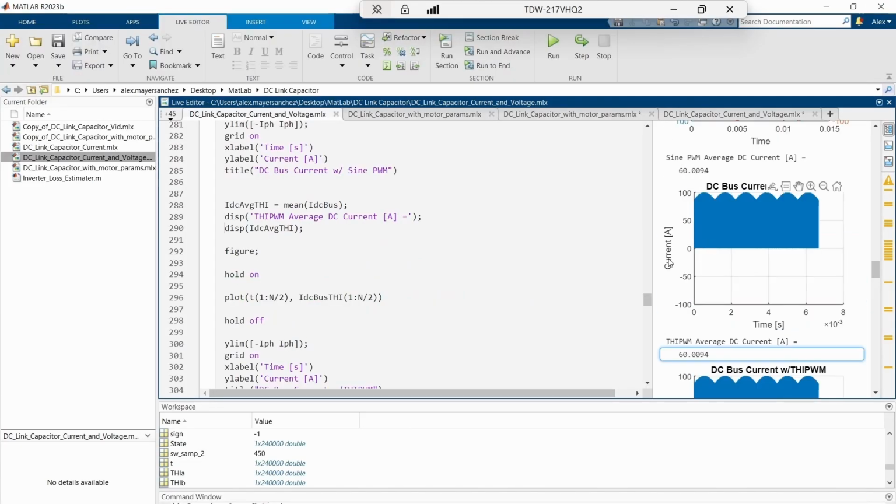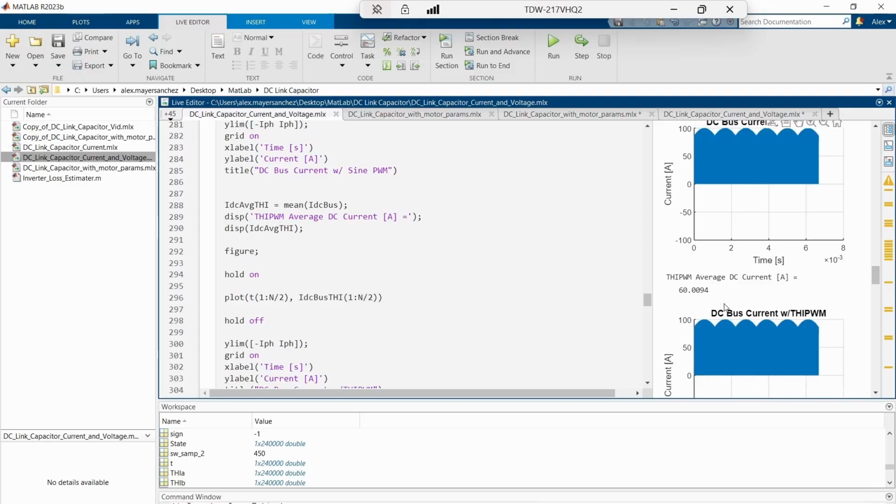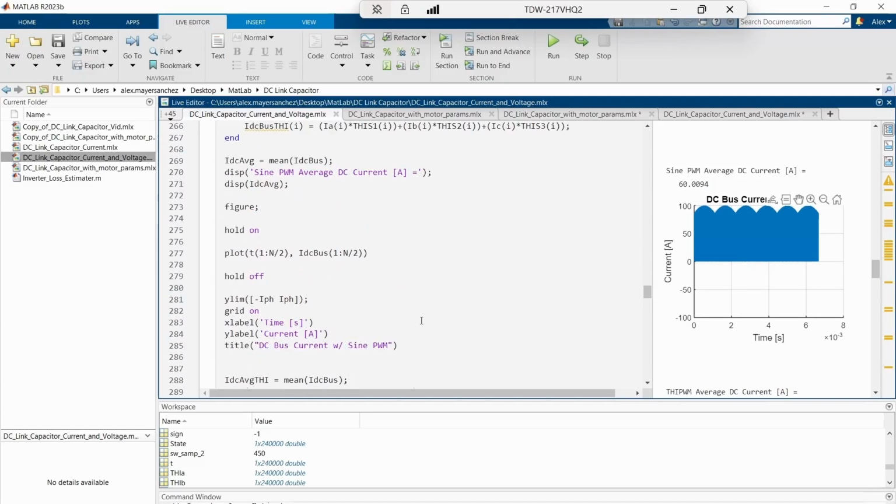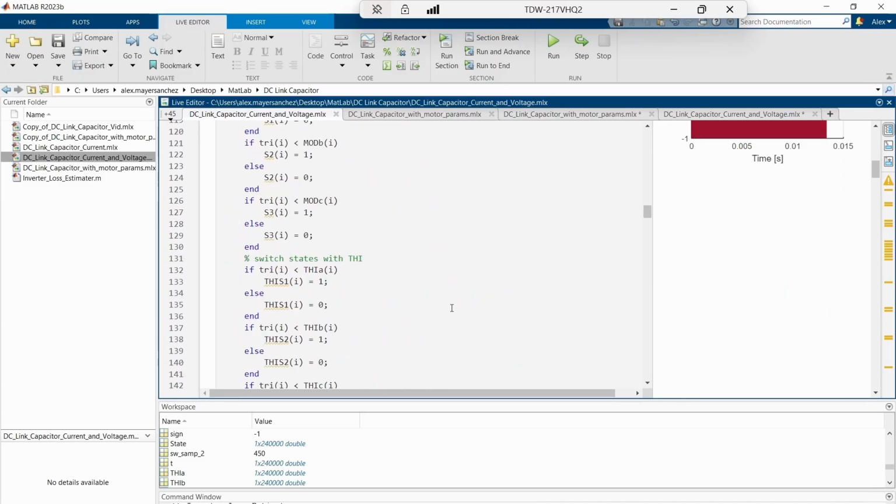But the average DC current in is the same because we're driving the same 3-phase load, so we're going to have the same DC input, because the power in is going to be the same as the power out in an ideal world with no losses, right?